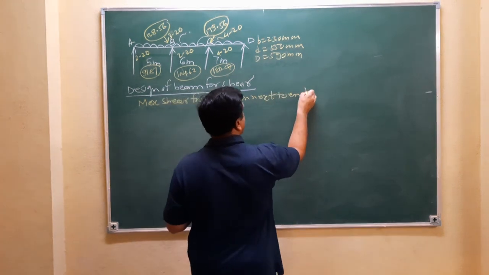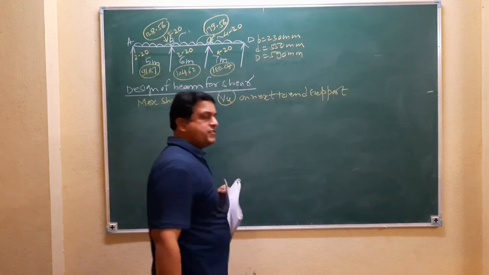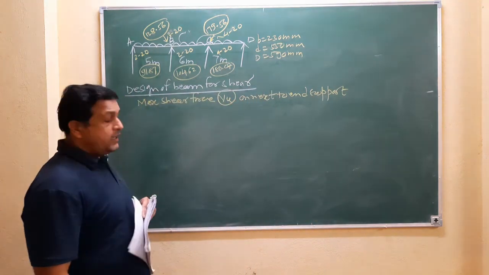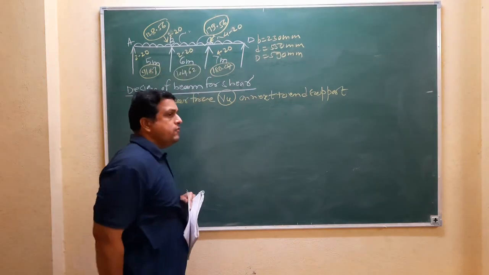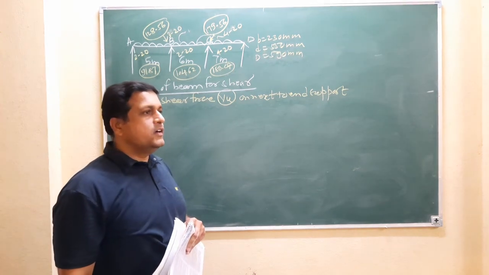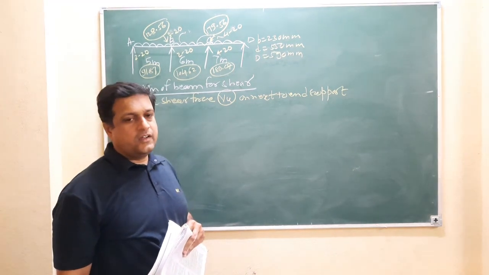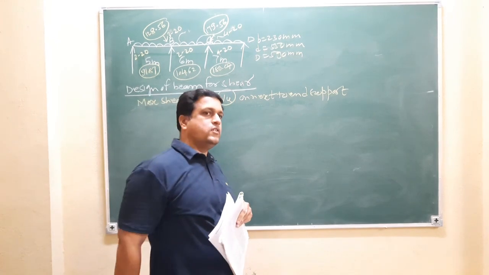But we have two next to end supports, one is B and one is C, on which we have to consider the coefficient of next to end support.